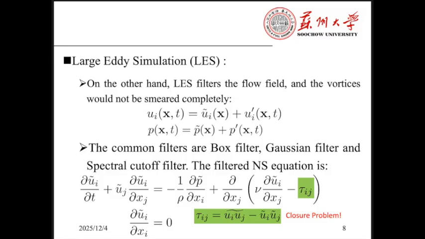The common filters are box filters, Gaussian filters, and spectral cutoff filter. The filtered Navier-Stokes equation is given here, and again we have an unclosed term tau ij.